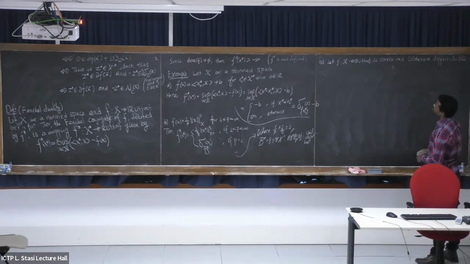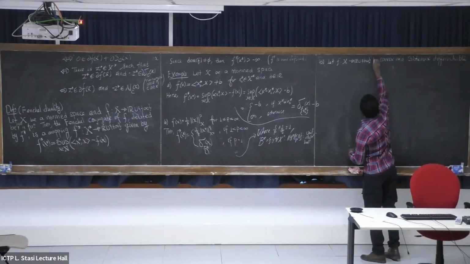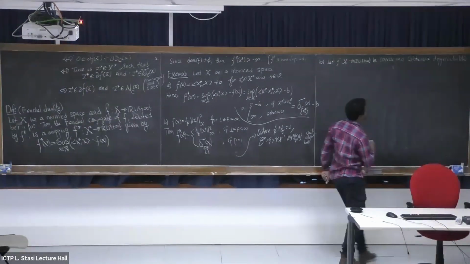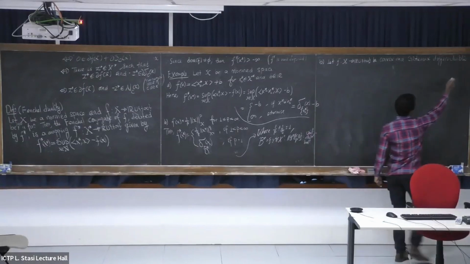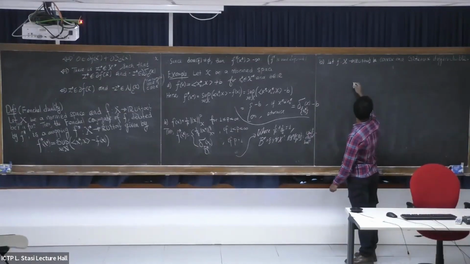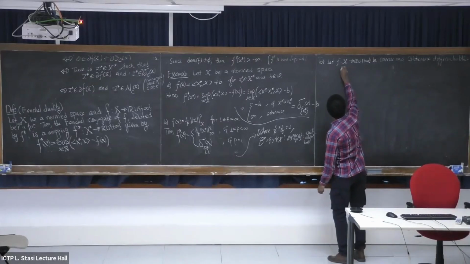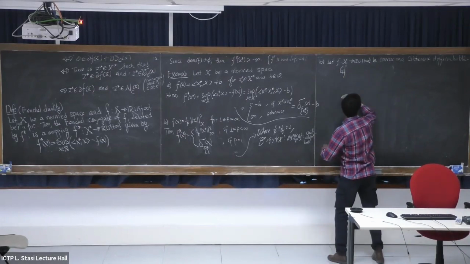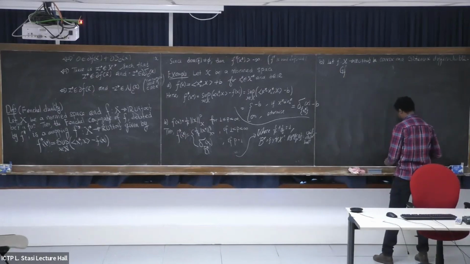Let f be a convex and Gateaux differentiable function. So if it is Gateaux differentiable, meaning that the Gateaux derivative of f exists at a point.